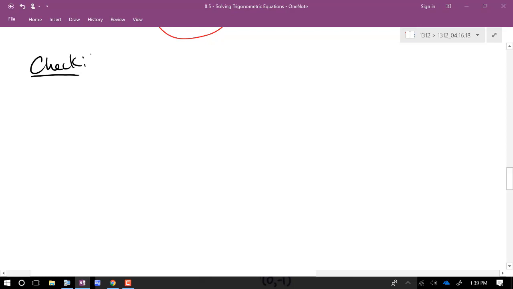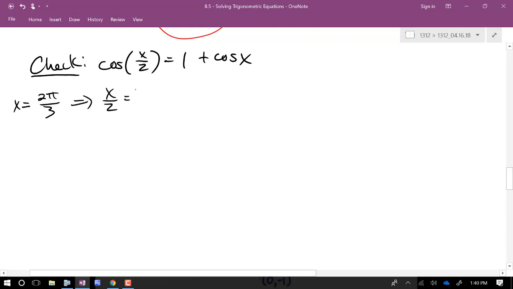Our original equation looks like this. Cosine x over 2 equals 1 plus cosine x. We had 2 pi over 3 and 4 pi over 3. So when x is 2 pi over 3, then x over 2, half of that, is pi over 3, right?